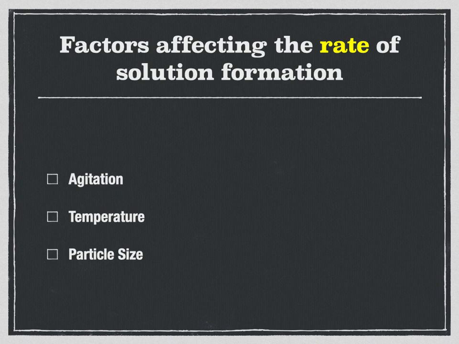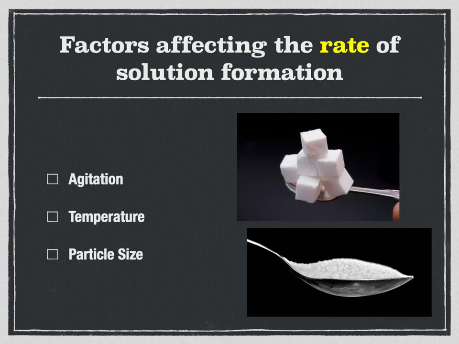Particle size. So we're not talking about the size of the molecules themselves, but we're talking about the larger clusters. So again, if we think about that idea of having a cup of tea and dissolving sugar, well, we can either take granule sugar or sugar cubes, and a sugar cube has a much larger particle size, meaning a lot of the molecules are on the interior of that structure.